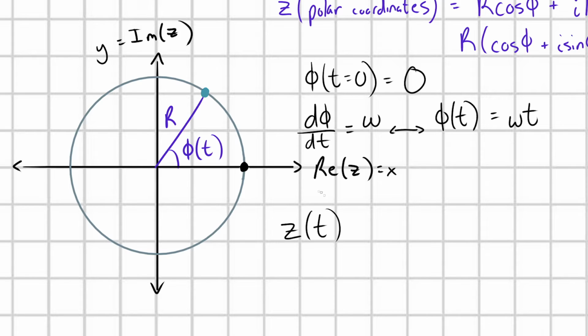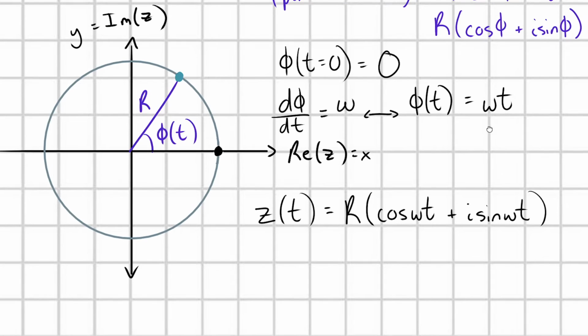It's so cool. So my z as a function of time is equal to capital R, which is a constant, times cosine phi, and phi is just omega t, plus i times sine phi, or sine omega t.